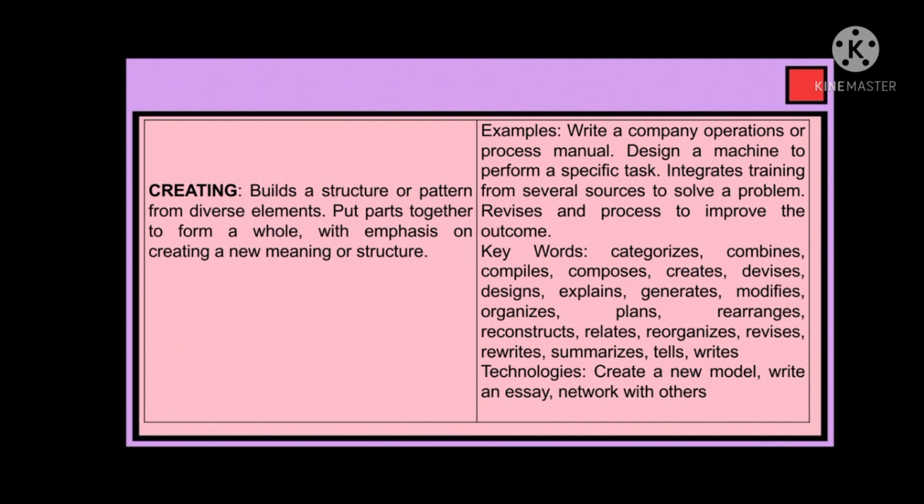And the keywords under creating are categorizes, combines, compiles, composes, creates, devises, designs, explains, generates, modifies, organizes, plans, rearranges, reconstructs, relates, reorganizes, revises, rewrites, summarizes, tells, and writes. And you can also have an activity like create a new model, write an essay, network with others.